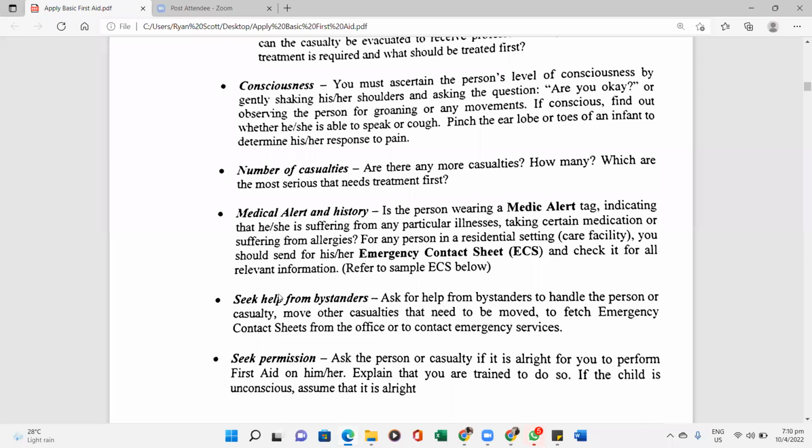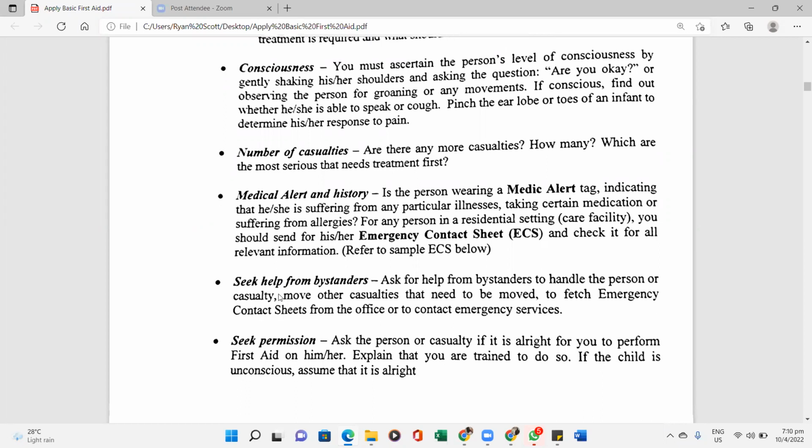It says seek help from bystanders, so persons who are not sick and can assist you. You would call for them and say, hey, can you come and help us to move this person because it's a mass casualty, okay? Or if it's a case where it's just one person, then that's fine.